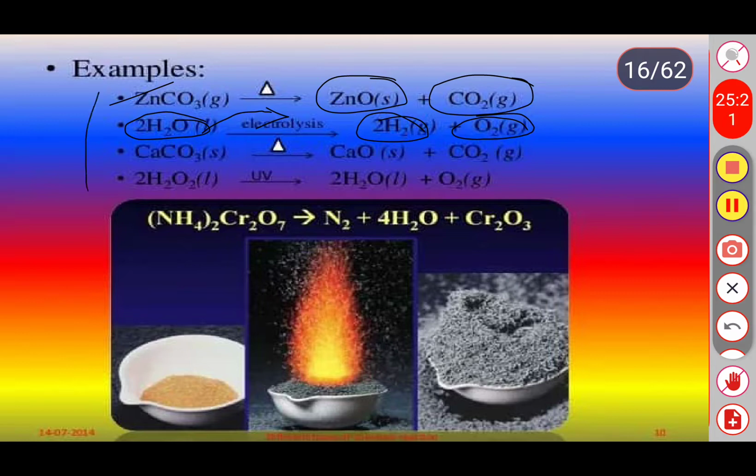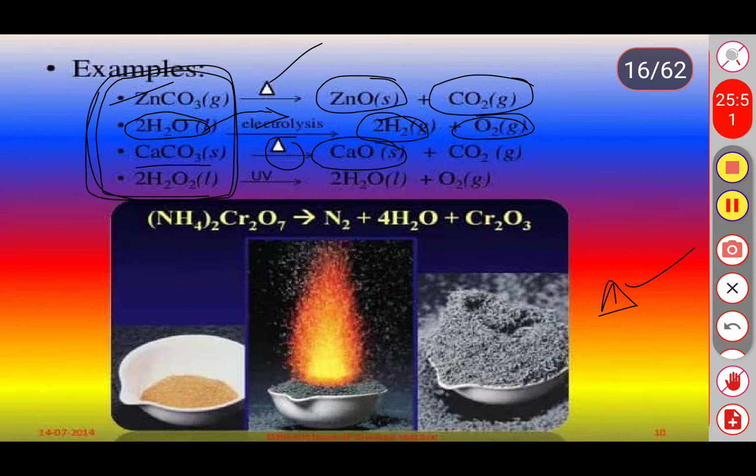By applying heat, we already discussed in the first session, the triangle mark indicates heat. It needs heat. In the presence of heat only the compound will be decomposed. So third one, calcium carbonate, CaCO3. When it absorbs heat, it will be decomposed into calcium oxide and carbon dioxide.